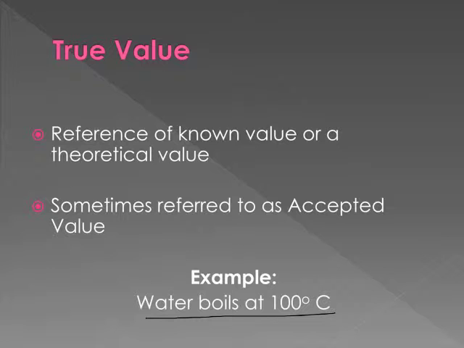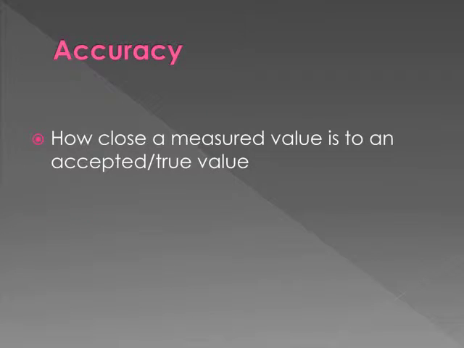Okay, so true values correspond to accuracy. If something is being measured accurately, it should give you a value very close to its accepted or true value. So if you are measuring the boiling point of water accurately, you should be really close to 100 degrees Celsius.